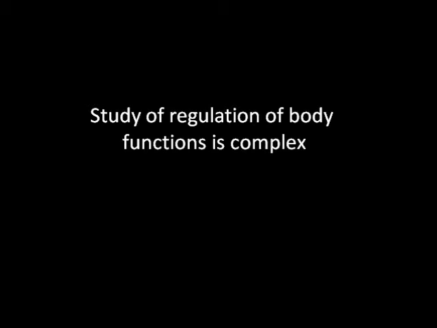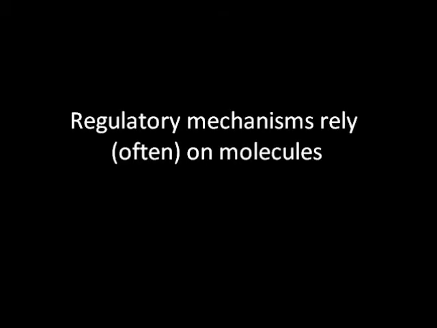It's probably the most difficult component of physiology, keeping track of how you regulate or control these adjustments to meet body function demands. And unfortunately, in order to do regulation, we really have to rely on regulatory mechanisms that rely often on molecules.